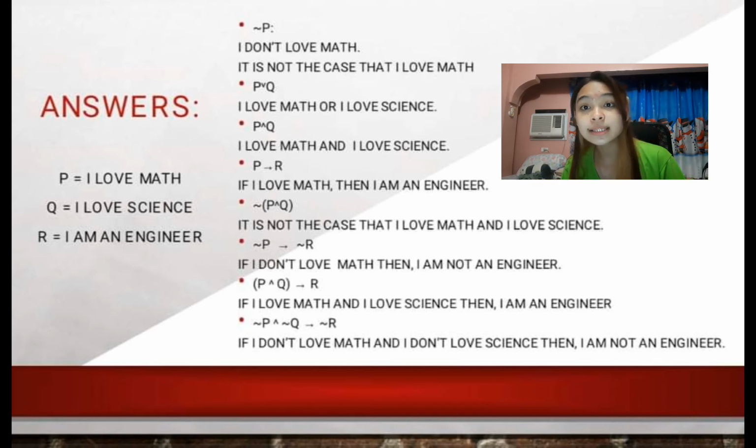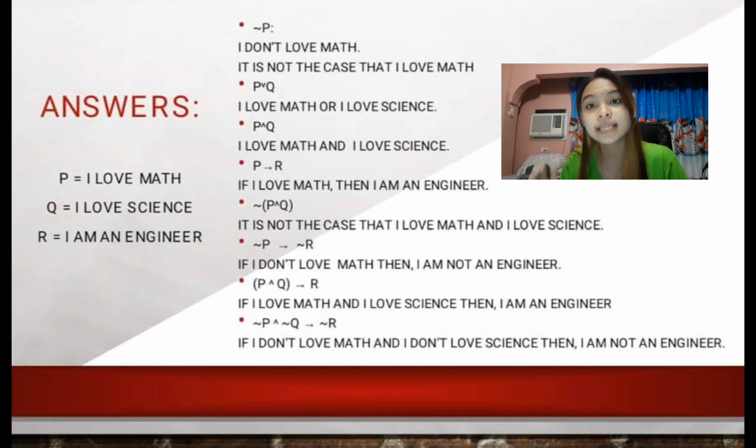I love math, so I don't love math for not P. And because of the connective and, not Q is I don't love science. So I don't love math and I don't love science.